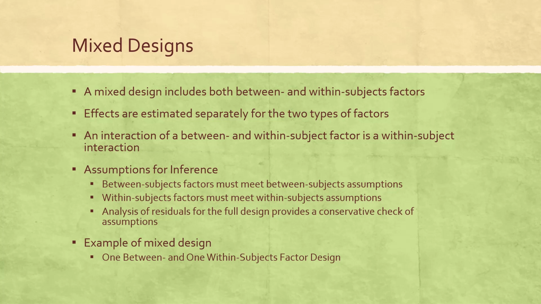So what would happen if you mix the two? What would happen if you take one factor that has levels correlated with each other and interact that with a factor in which the levels are uncorrelated? If you think about it a moment, you should answer, well, you're going to have some correlation. That is, when you interact the correlated and the uncorrelated factor, you don't get rid of the correlation of the correlated factor.